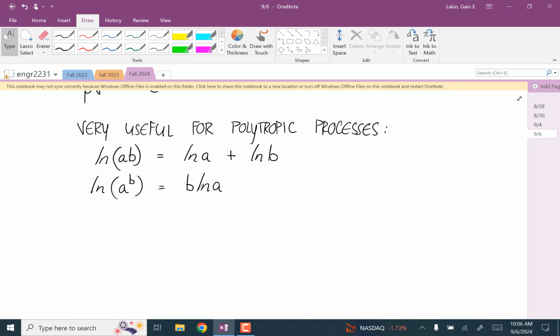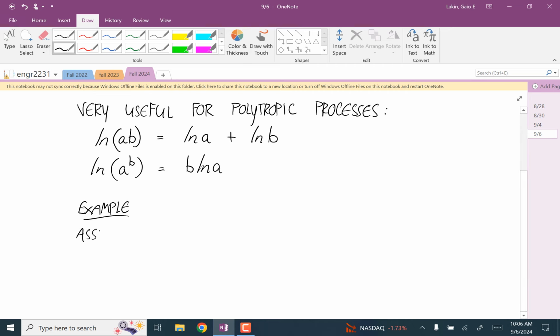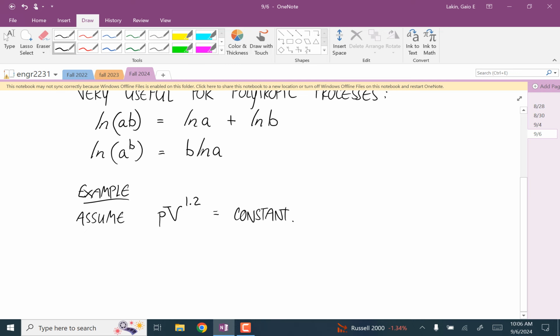So I'm going to do a couple examples of things like those. So let's assume that the pressure times the volume to the power of 1.2 is equal to a constant. And we're given that at instant 1, there's a pressure P1 of 3 bar.